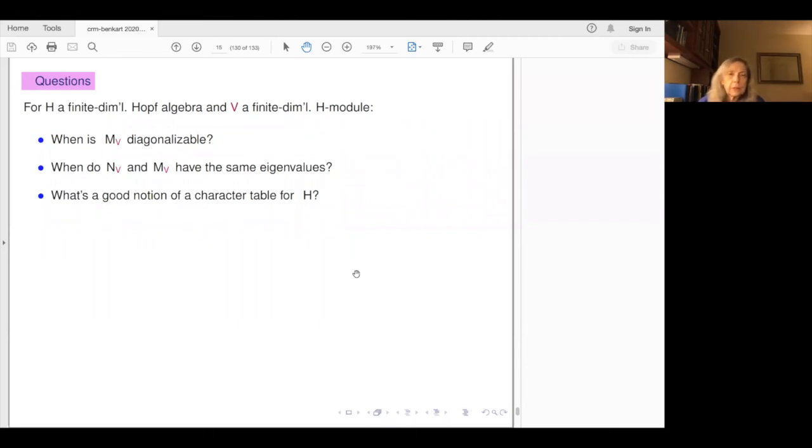So you might put on semi-simple, almost cocommutative, and then use the central primitive idempotents to define the character table. So is there a nice, good, uniform way to construct a character table that may or may not be related to Makai matrices?